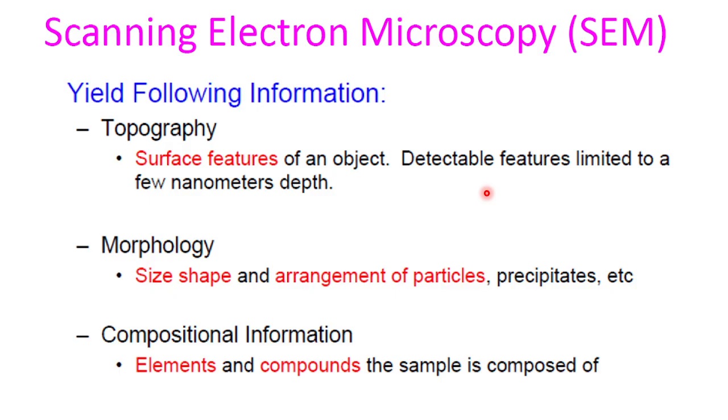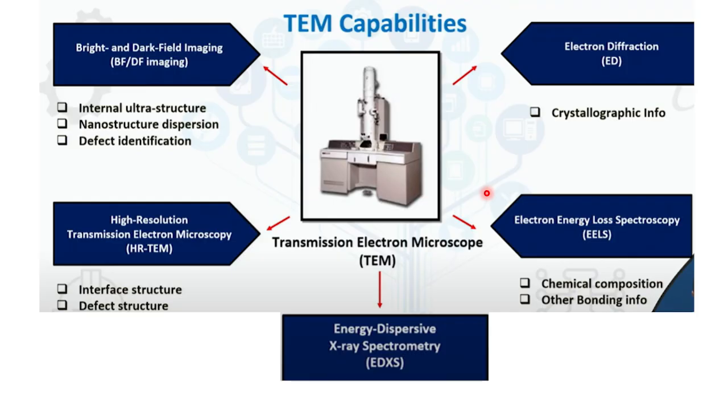And through SEM, we can check the topography, the surface feature of an object. We can also check the morphology, that is, the shape and size or arrangement of the particles. And of course, through EDS, we can also do composition analysis, to see what different elements are present in the compound.